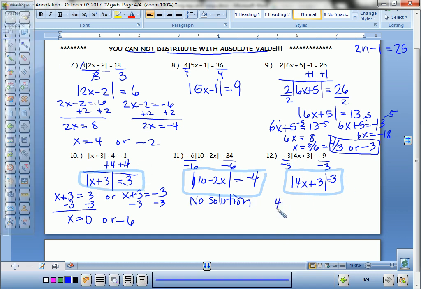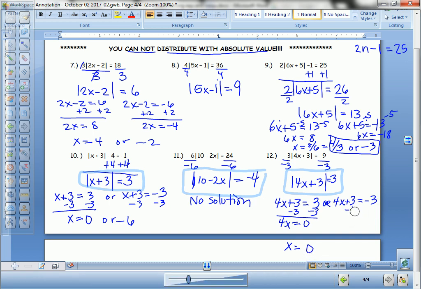So this one is, so we can split it equal to positive 3 and equal to the negative 3. And then this one ends up being 0, because I get 4x equals 0. Well, x is 0. This one's going to be a fraction.